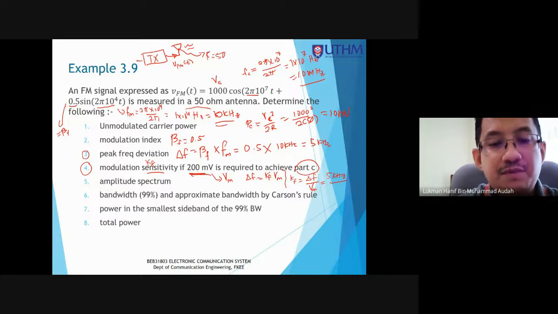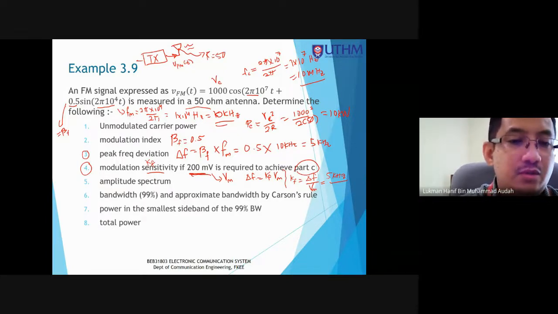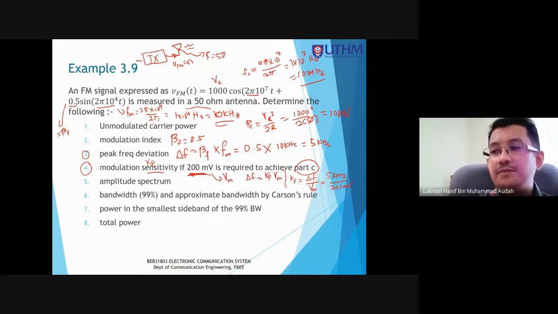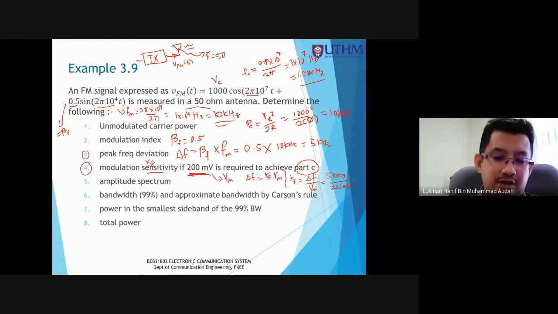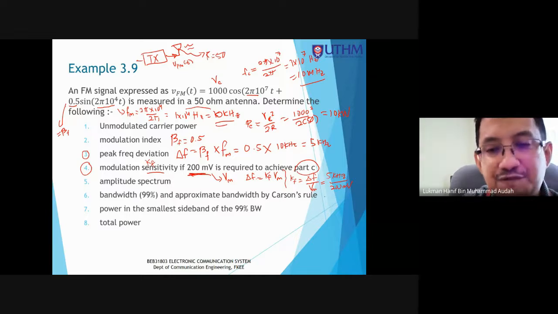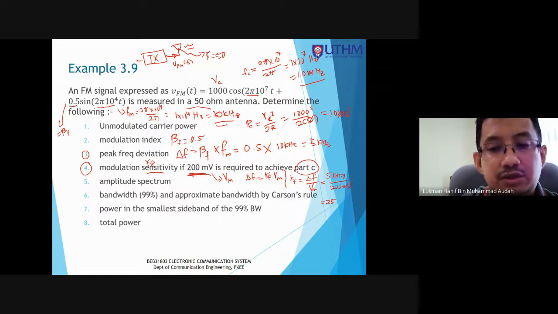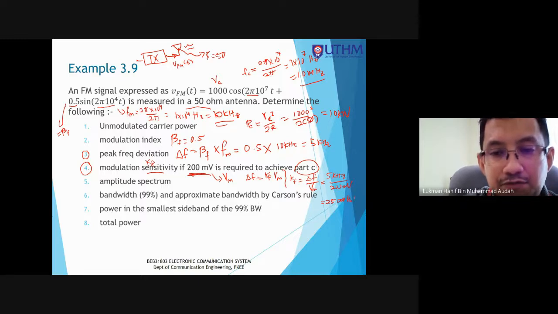Divide with Vm. Vm is given here in the question, 200 millivolt. So if you divide 5k by 200 milli, you will get 25,000 hertz per volt.